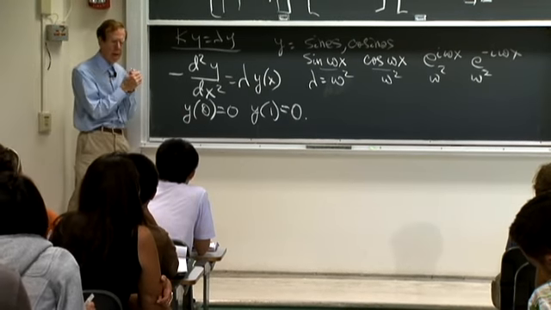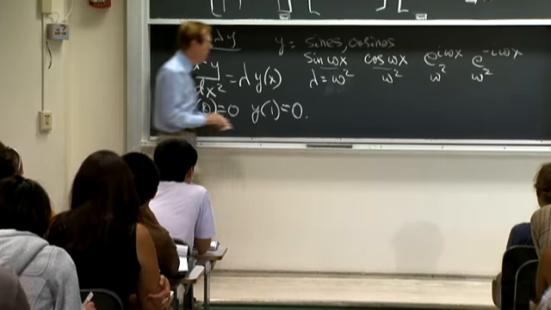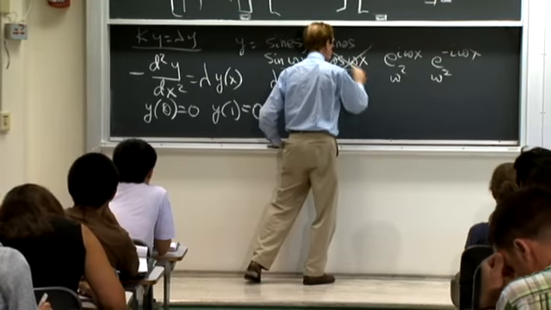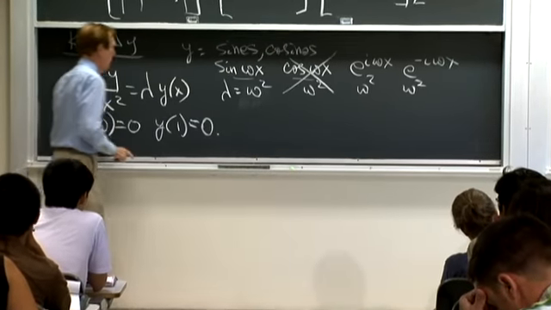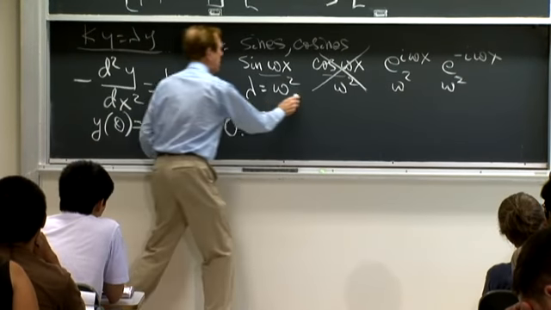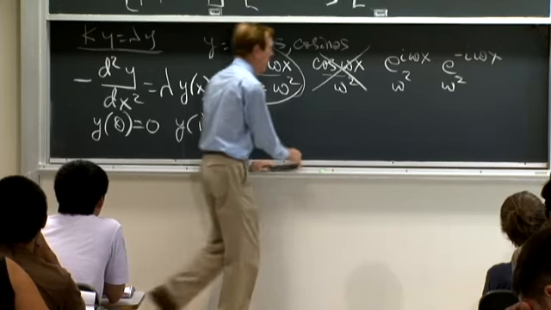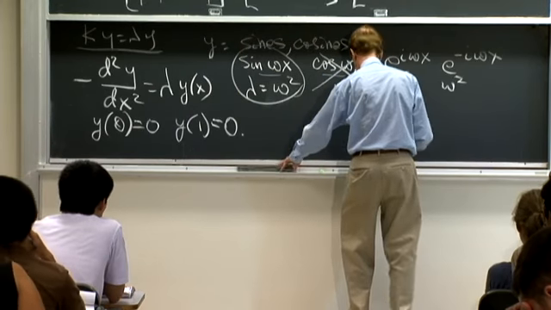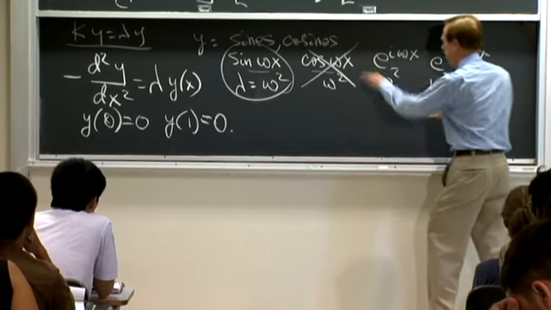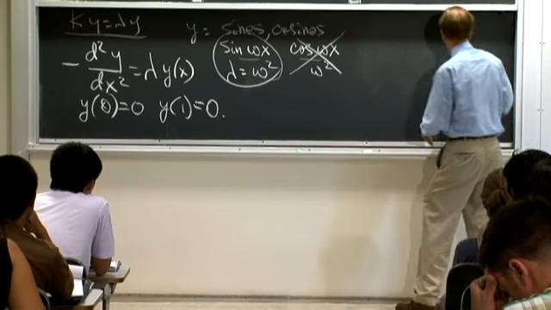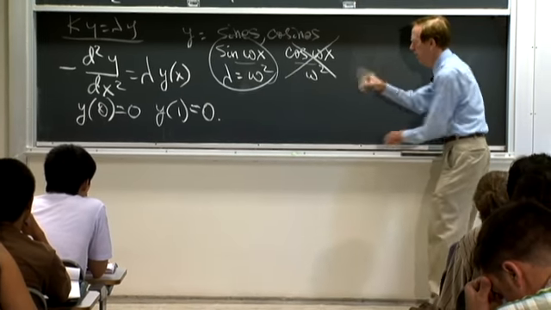What does that eliminate now? Cosines are gone. It keeps the sines. Cosines are gone by that first boundary condition. These are the guys that are left, because I'm down to sines already from one boundary condition.